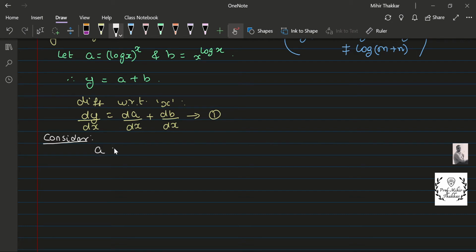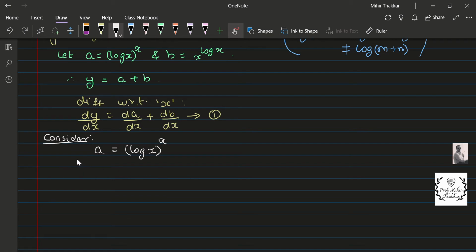We will say over here, consider a is equal to log x to the power x, and you can see the question is in the form of f(x) raised to x, variable raised to x, function raised to x in fact. Whenever the variable is in the power, we have to always simplify that by taking log on both the sides.